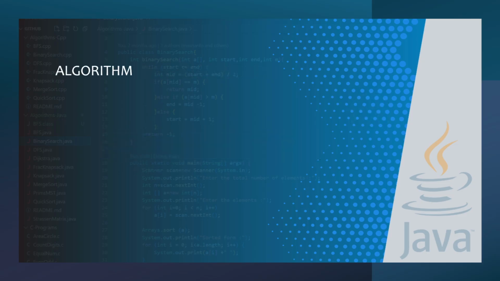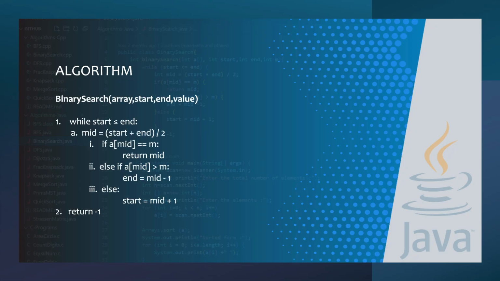Based on this concept, we can now see an algorithm that will enable us to implement binary search in any programming language. The binary search function starts with two pointers, start and end. While start is less than or equal to end, indicating that there are elements left to check within the array, the function calculates the midpoint by adding the start and end and dividing it by 2.